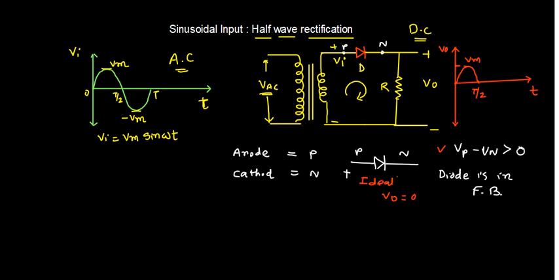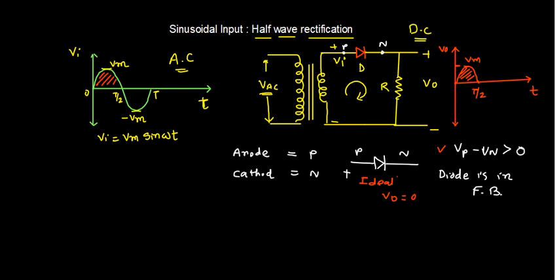Now this is the first case when we are getting for the positive half cycle of this waveform. Similar positive half cycle we are getting at the output because this diode was short circuited. Now we will consider the second case.